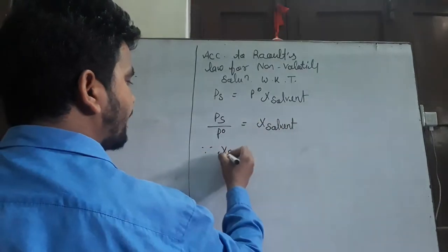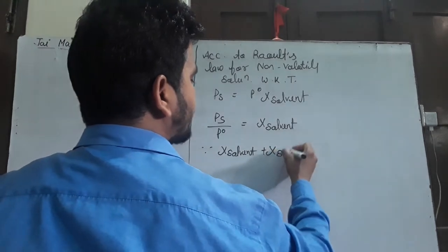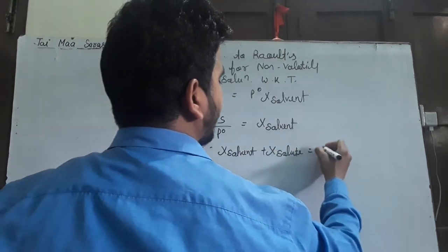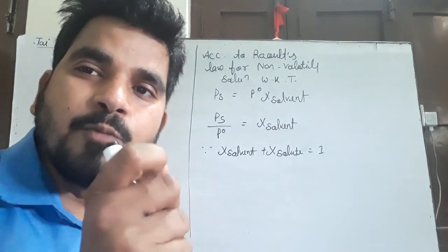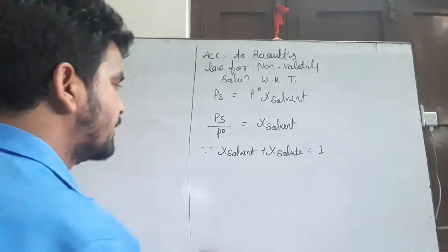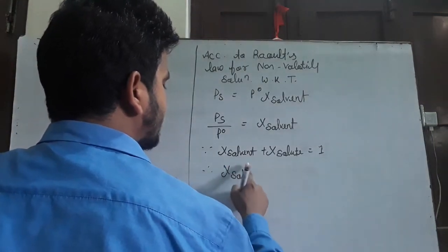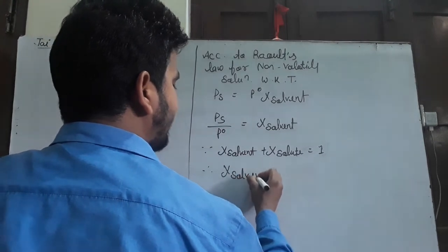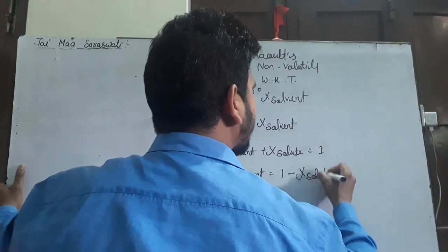Since xi solvent plus xi solute is equal to 1, because already I have explained in mole fraction, the sum of mole fractions of each component is always equal to 1. So xi solvent is equal to 1 minus xi solute.